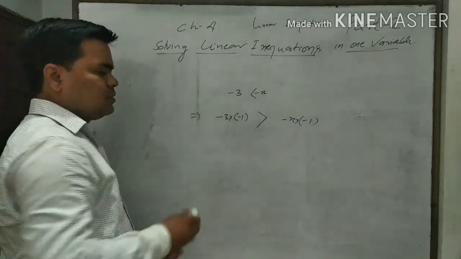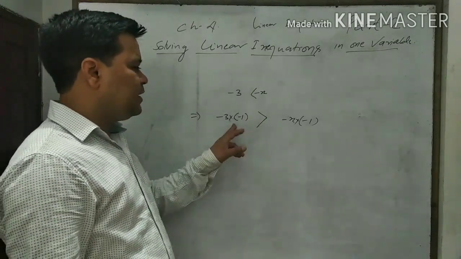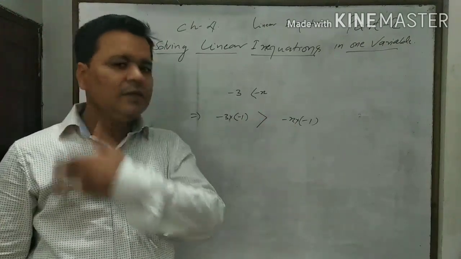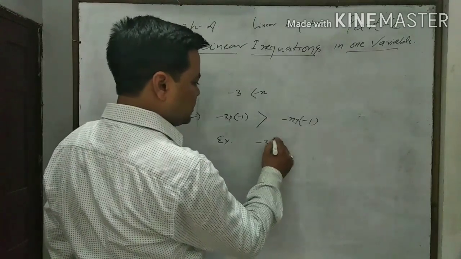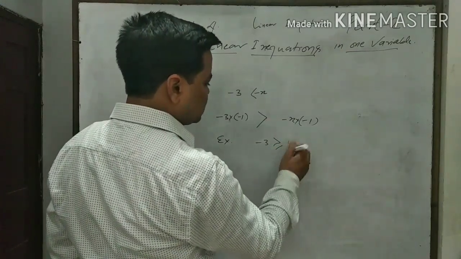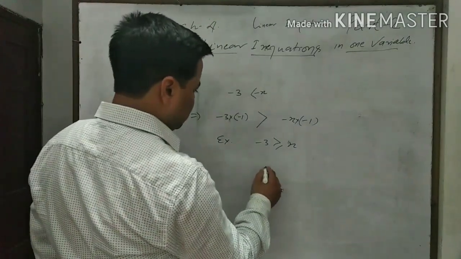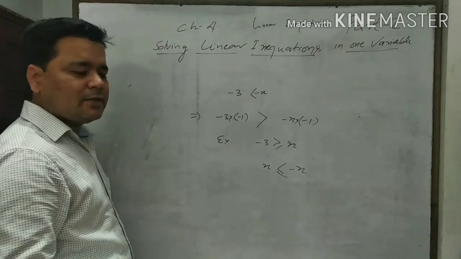If we multiply or divide by a negative number on both sides, then the sign of the inequation will be changed. Again with an example, here minus 3 greater than or equal to x, and if we multiply by the minus sign, then it will be 3 less than or equal to minus x, like that.